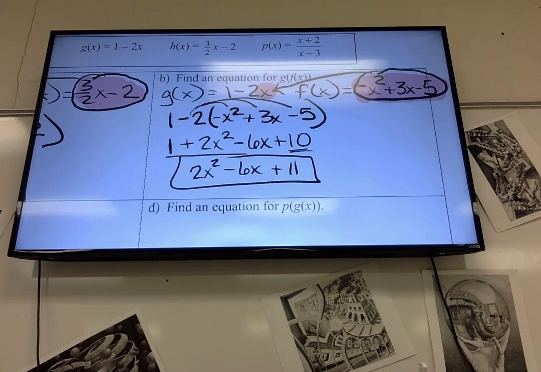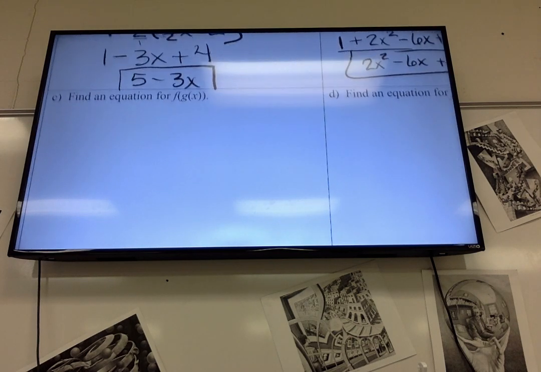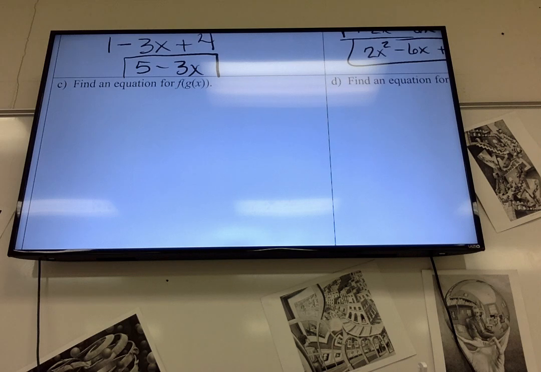Okay, the next one goes the other way. So the next one is f of g of x. So I'm going to write f of x first. And then g of x is 1 minus 2x.